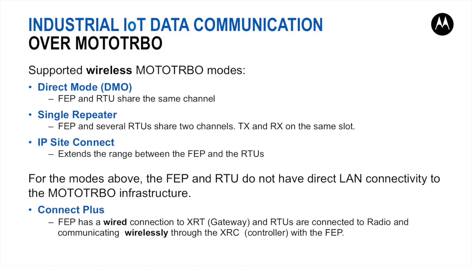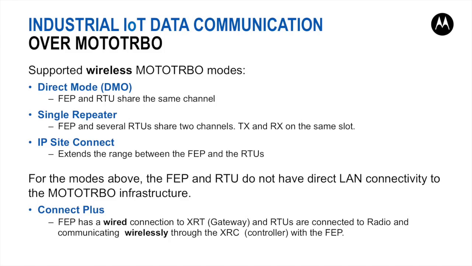On a Connect Plus system, which is also digital mode, the radio port is a non-IP connection, and the port is utilizing a specialized protocol called XMP. The FEP in this scenario is connected to the XRT gateway over an IP port, running an XRT protocol to communicate with the radios.